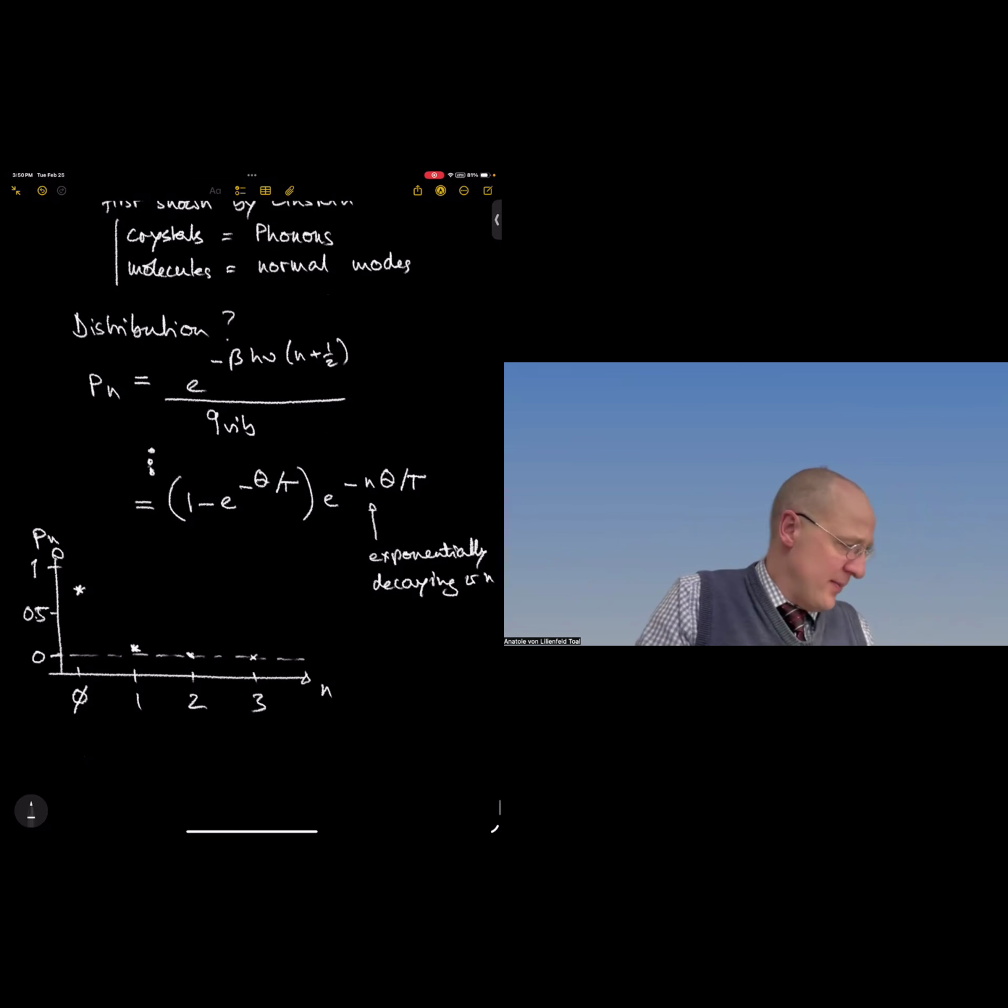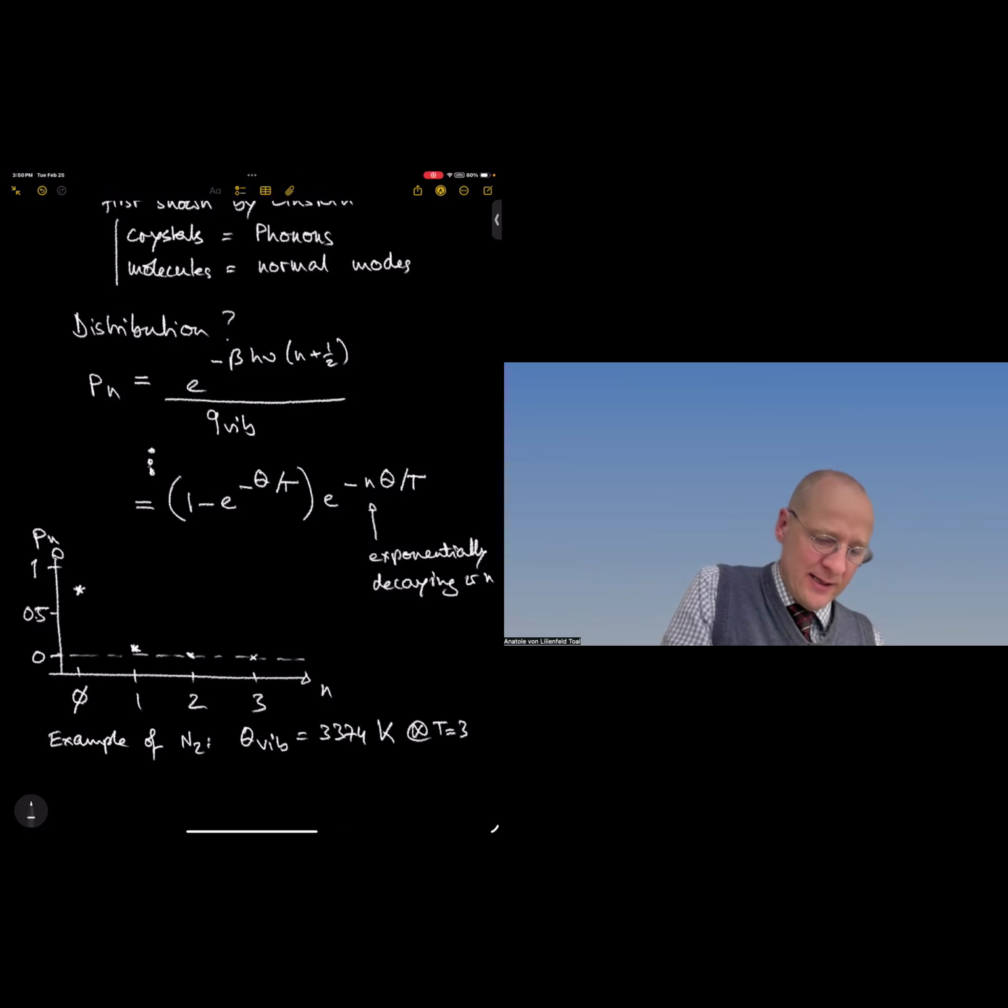And in particular, if we want to consider the example of N2, again, the theta vib, we've had it before, is 3374 Kelvin at T equals 300 Kelvin.